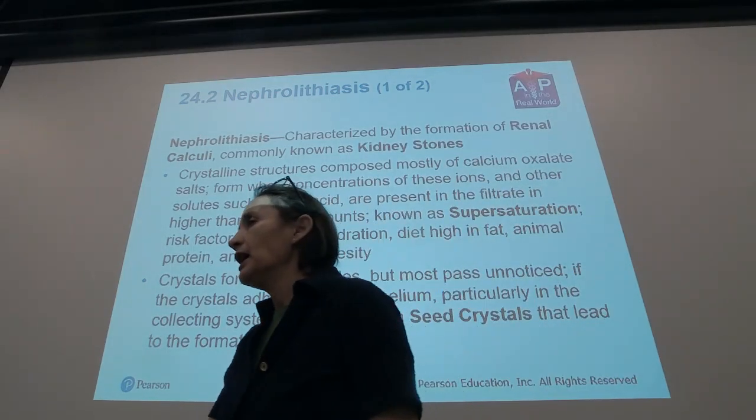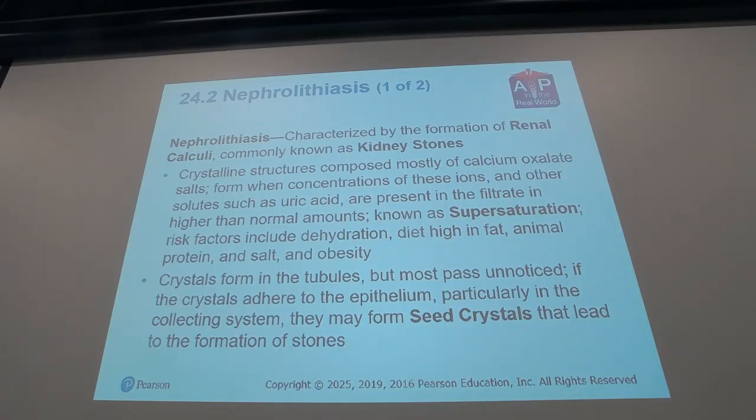Now, problems that can happen with the kidneys. We can have development of kidney stones, which we call nephrolithiasis. Every time that you hear the word nephro, it means related to the kidneys. Most of these kidney stones are made out of a crystal called calcium oxalate. And they can damage the kidney, the tubules, because they have little spicules.